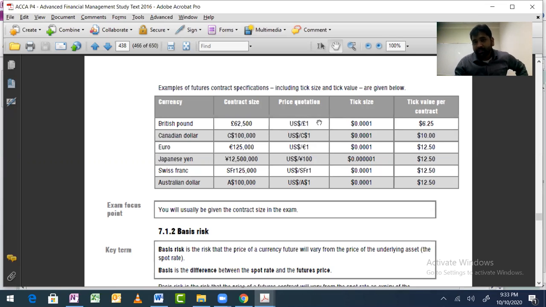Here there should be one number like 0.239. That means for 1 pound, 0.239 US dollar is the price of the future today. That they haven't given here. So in the question we'll get that.